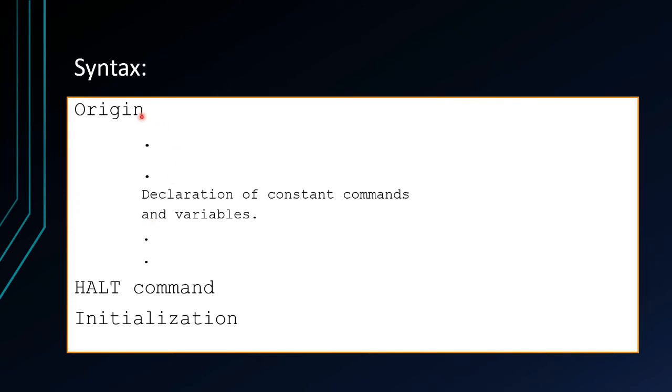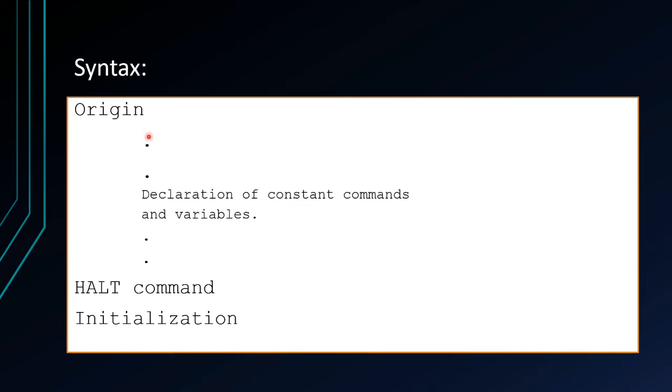So, we always write first the origin. So, what is the origin? Okay, so origin is the area in the memory where we put our code. Followed by the declaration of constant commands and variables.